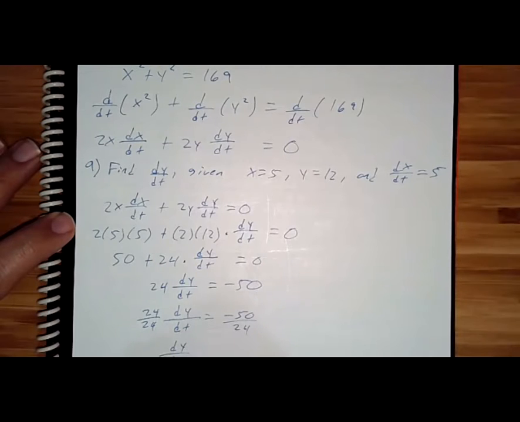So dy/dt is equal to negative 50 over 24, which reduces to negative 25 over 12.